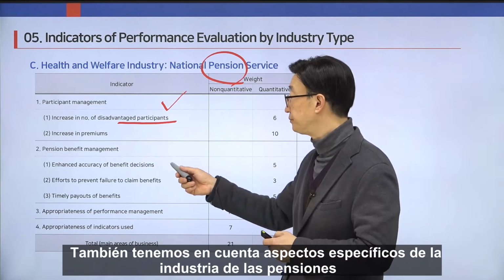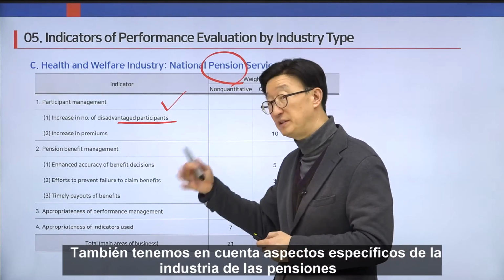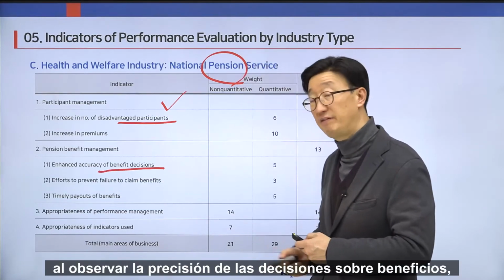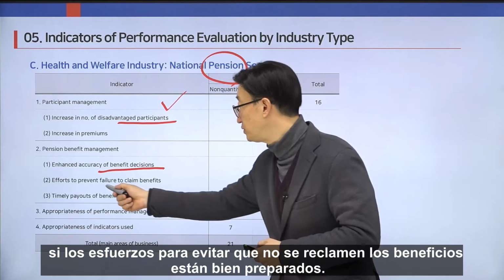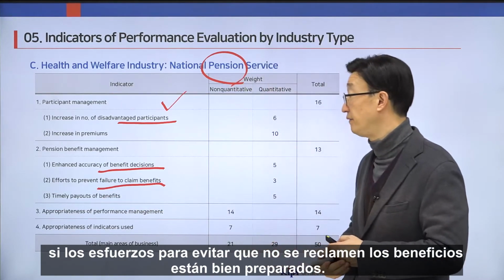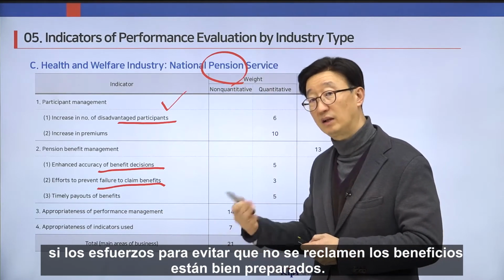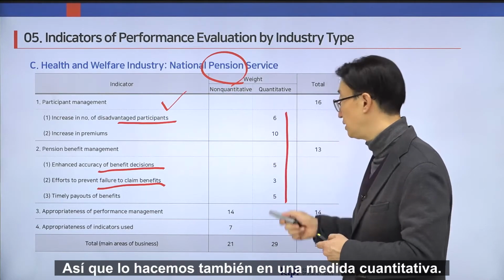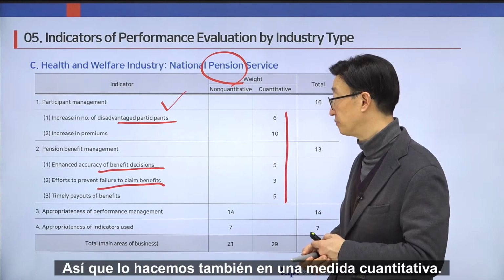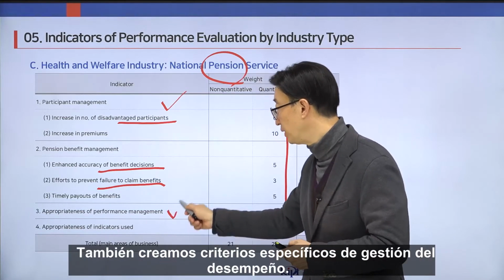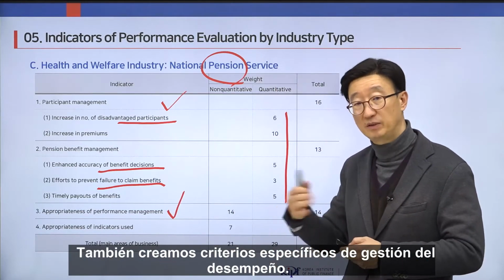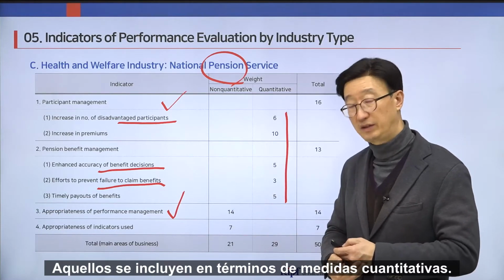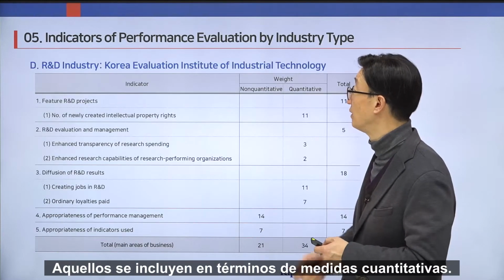We also take into account specifics of the pension industry by looking at the accuracy of benefit decisions, and whether the efforts to prevent failures to claim benefits are well prepared. So we do it in quantitative measures as well. And also we come up with specific performance management criteria as well. So those are included in terms of quantitative measures.